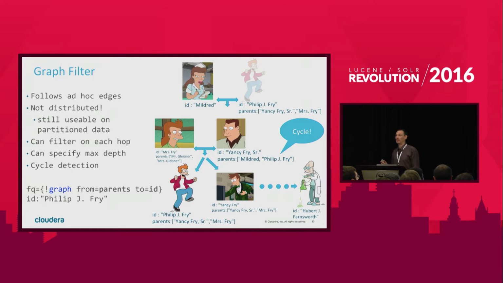It's a cycle, because Fry is actually his own grandfather. You look at Fry's father, and it actually names Fry himself as his father. But that's okay, because we do have cycle detection. It all just works. We don't go into an infinite loop or anything like that.